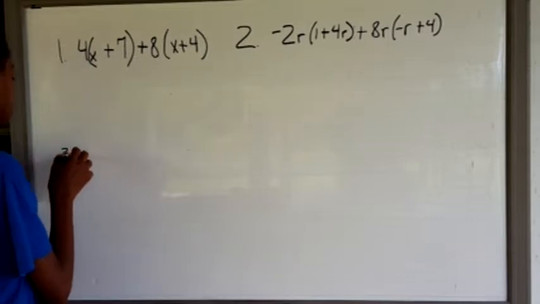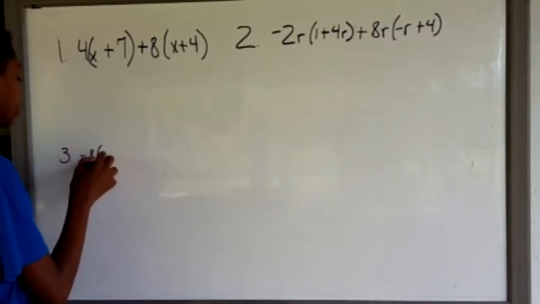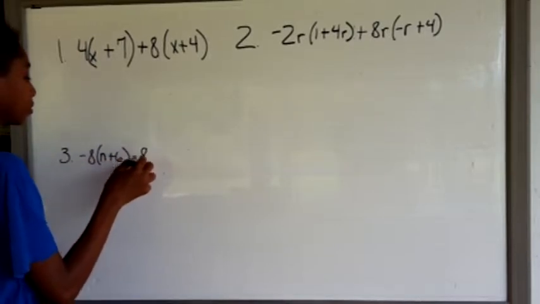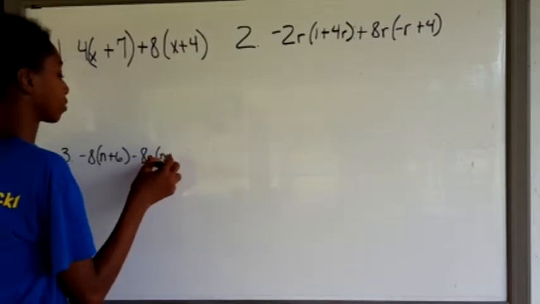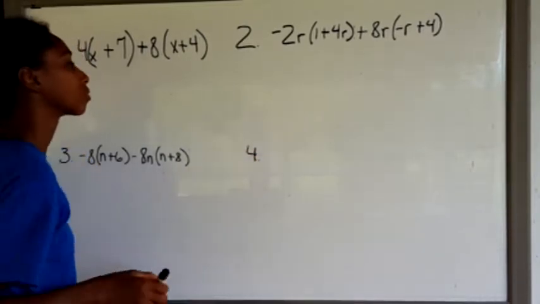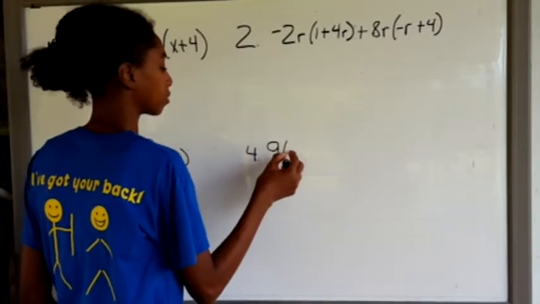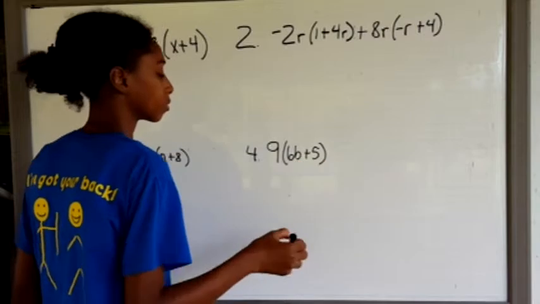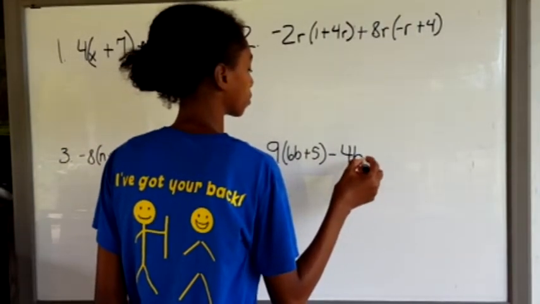Negative 8 times n plus 6, minus 8n times n plus 8. Times 6b plus 5, minus 4b times b plus 3.